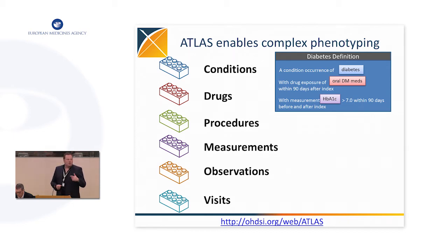The Atlas tool allows you to build these type of algorithms in a very interactive and nice interface. So you can make any type of complex algorithm inside Atlas. That's actually not only on the standard concept, but you can also do that on the source concepts if you want to.